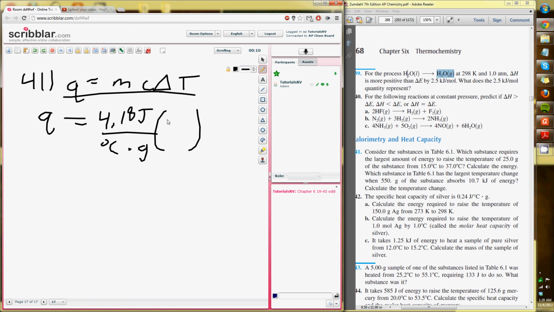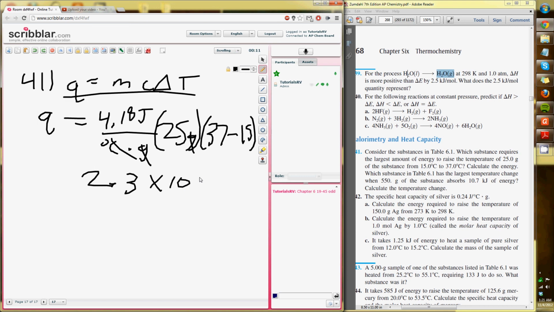And then you have the mass, which is 25 grams. And then delta T, 37 minus 15, and there is your heat energy, because grams cancel, degrees Celsius cancel, and you get 2.3 times 10 to the third joules.